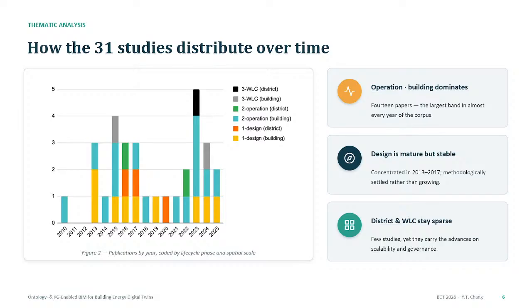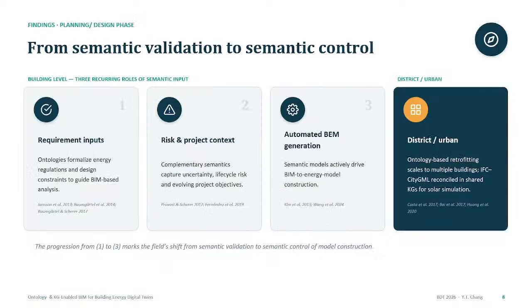Half of the papers focus on using ontology for the building energy operation case. But design is also important in the building process for sustainable building, so in the early phase and also lately, it is still an important focus.